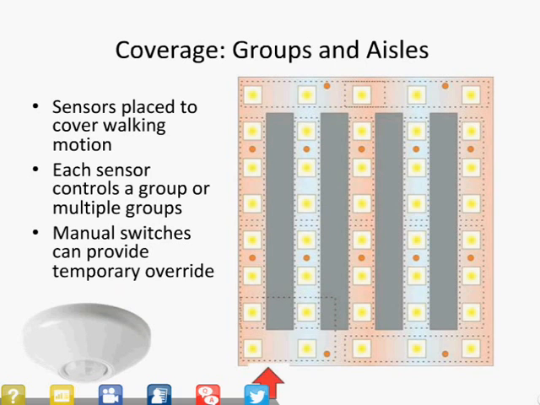That can be seen by the dotted rectangles, which indicate the group of lights that they're controlling. That is to ensure that there's adequate light in the space for someone who may be on the edge of the detection pattern. Because of the placement of the sensors, only those lights where the person is will be illuminated. Now we can also add manual controls to this as well for temporary override.